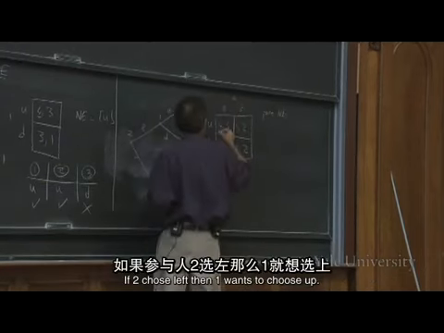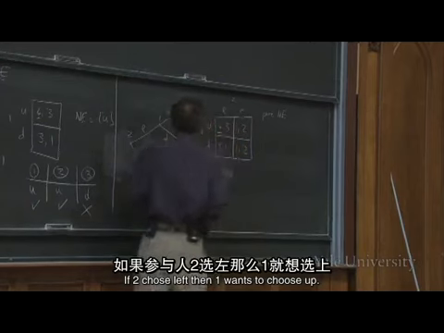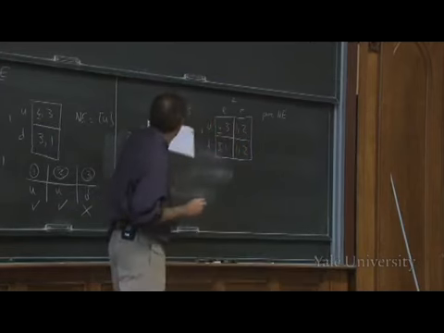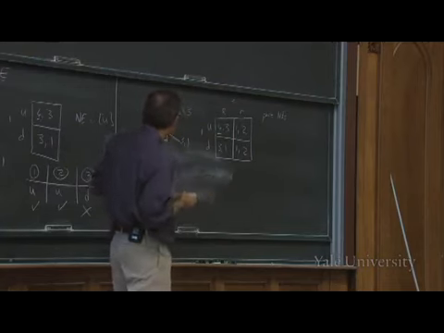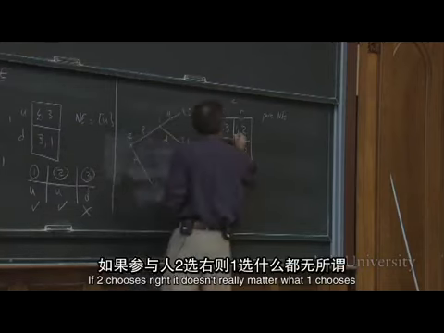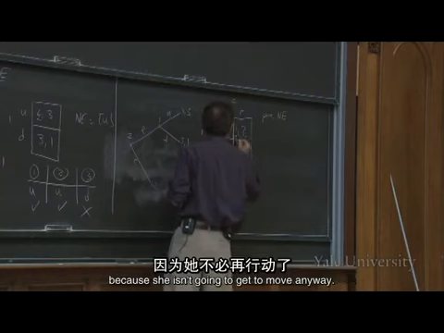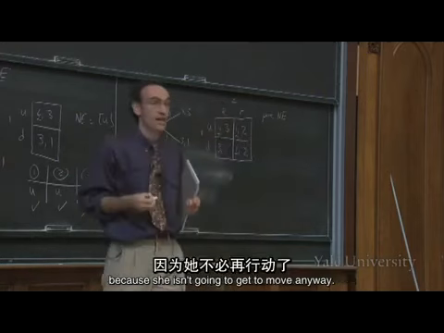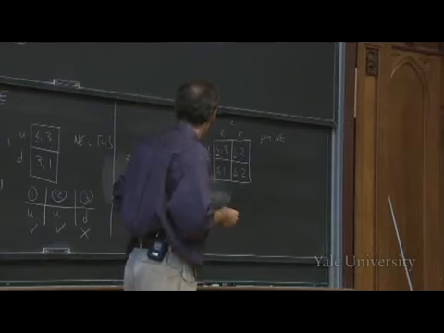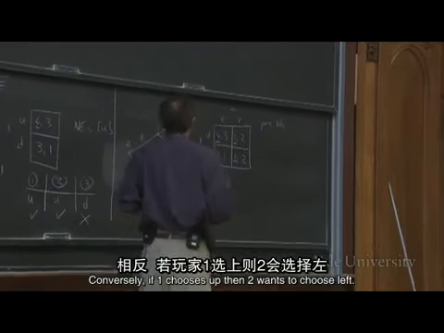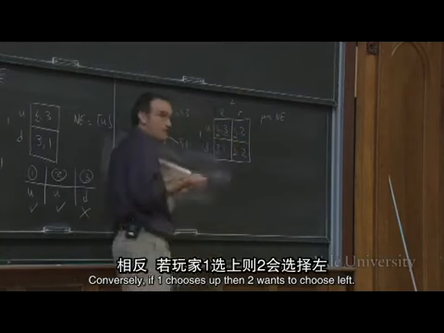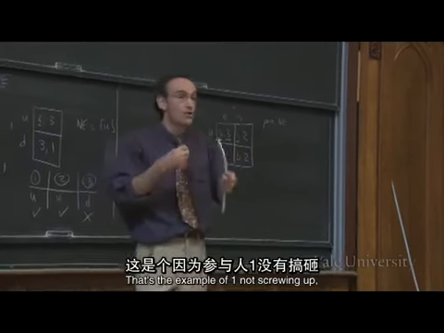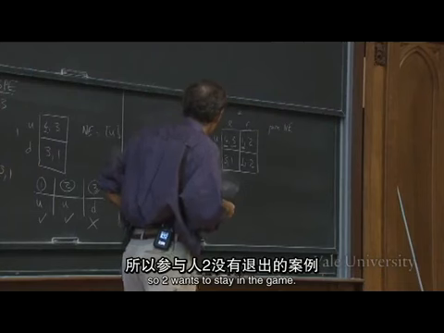Well, let's just see. If 2 chooses left, then 1 wants to choose up. If 2 chooses right, it doesn't really matter what 1 chooses, because she isn't going to get to move anyway. Conversely, if 1 chooses up, then 2 wants to choose left. That's the example of 1 not screwing up, so 2 wants to stay in the game.